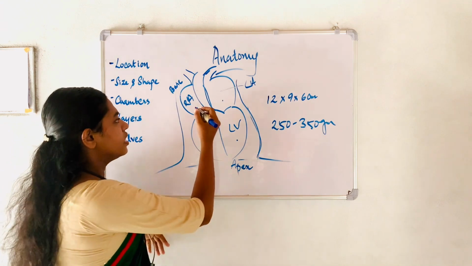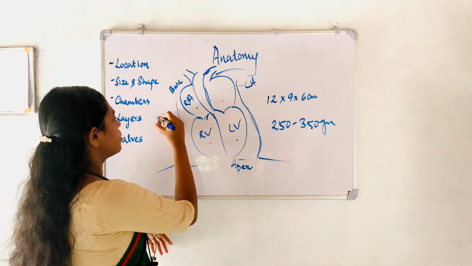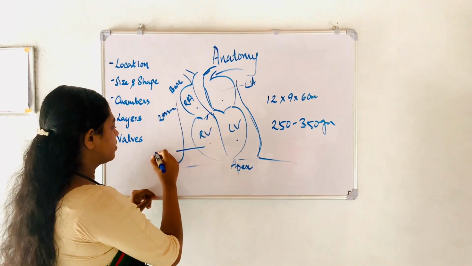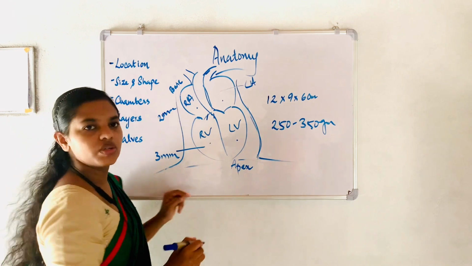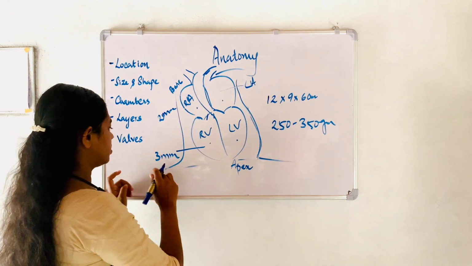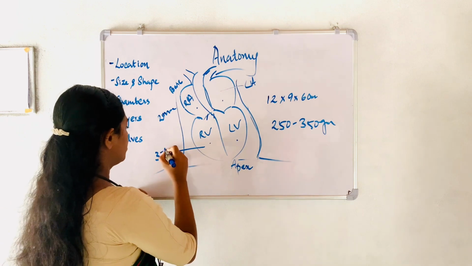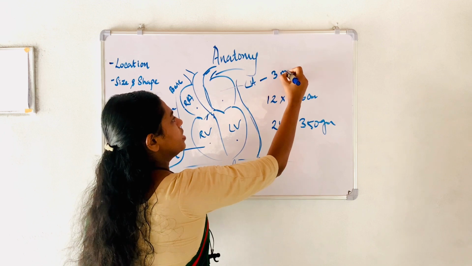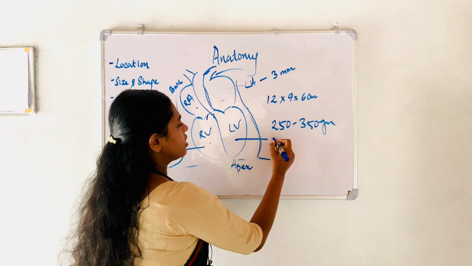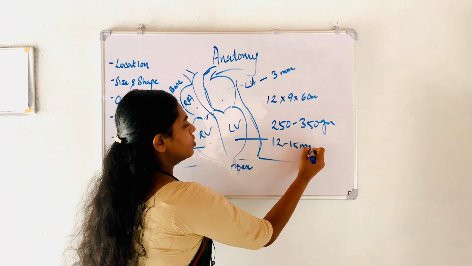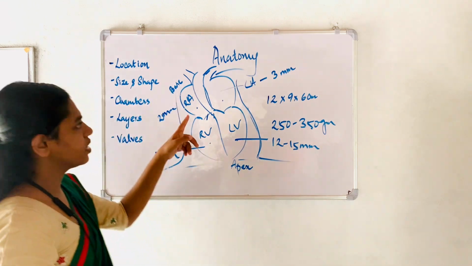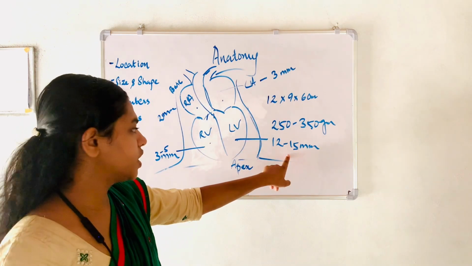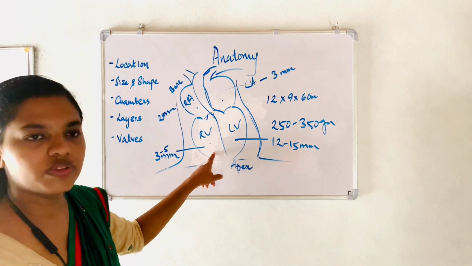The thickness of RA is 2 mm, and RV is 3 to 5 mm. LA is 3 mm, and LV is around 12 to 15 mm. So RA is 2 mm, LA is 3 mm, LV is 12 to 15 mm, and RV is 3 to 5 mm thick.